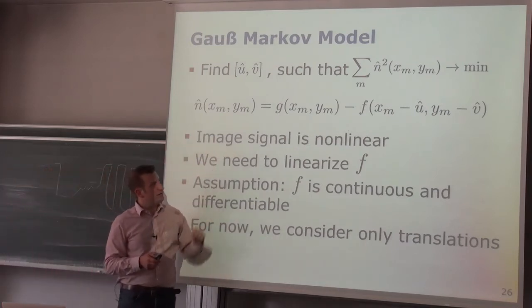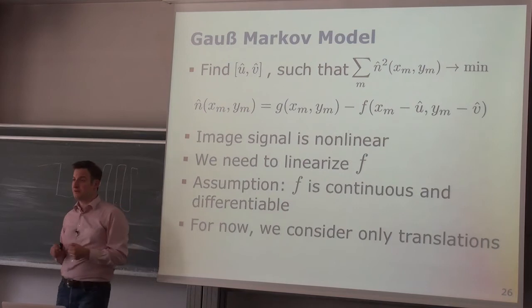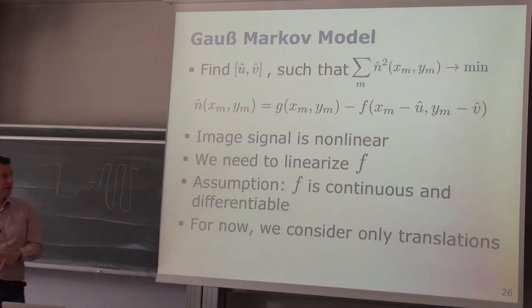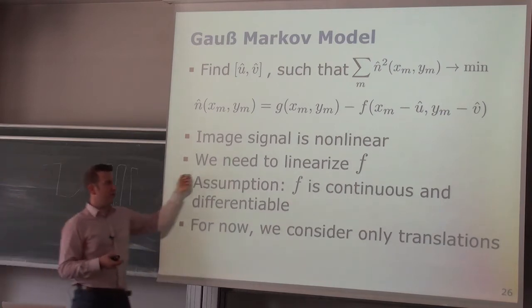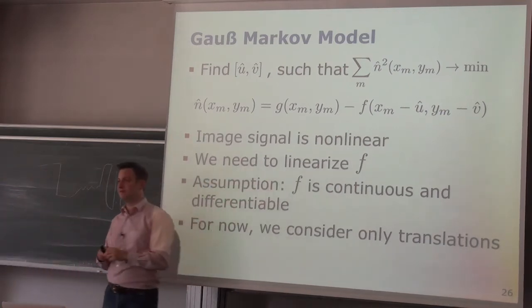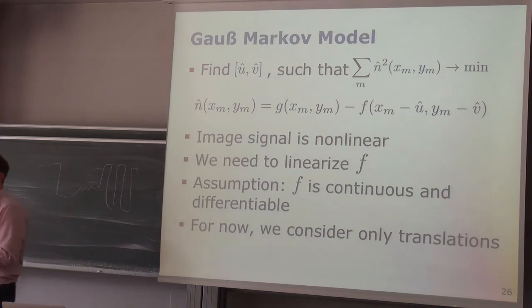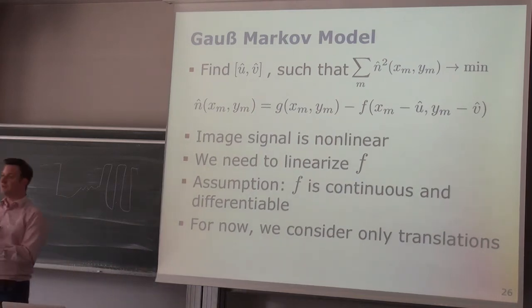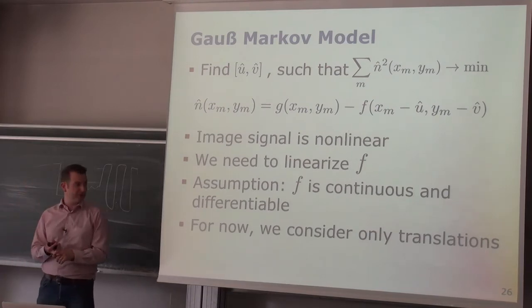So my image signal is nonlinear, so f is a nonlinear function. Therefore, in order to solve this with our standard approach, we need to linearize our function f, solve it for the linear approximation, and iterate this process. This assumes that f is a continuous function and we can compute the first derivative.